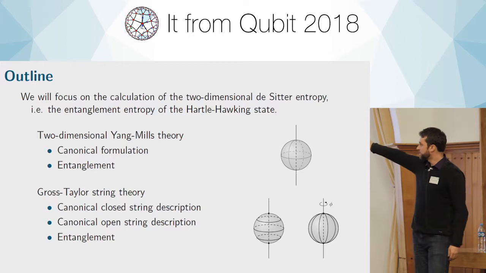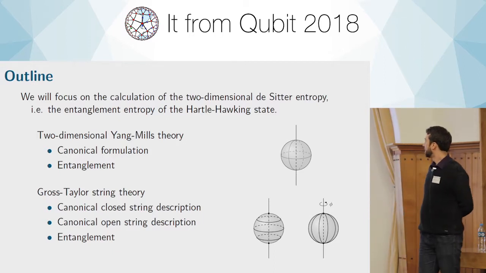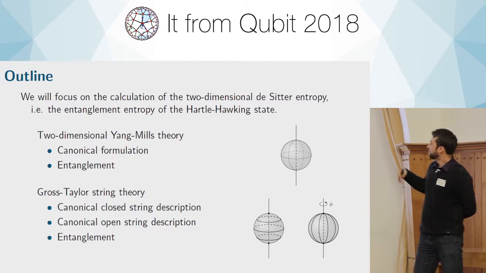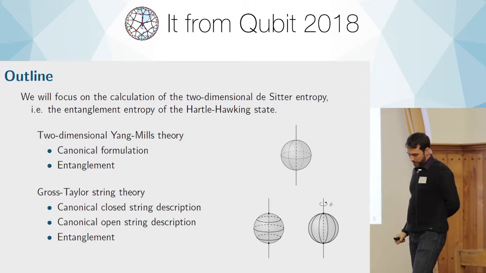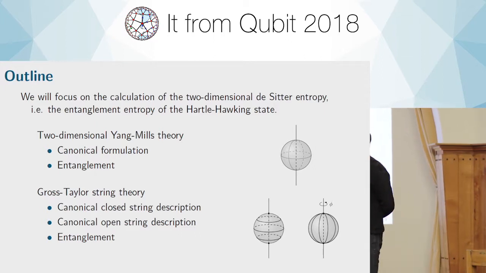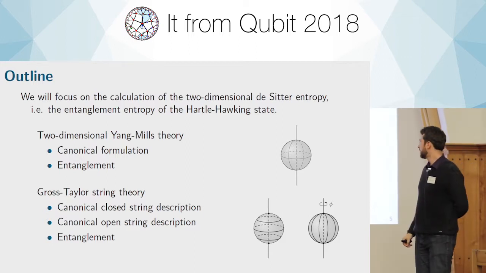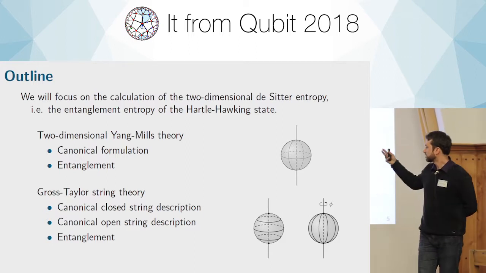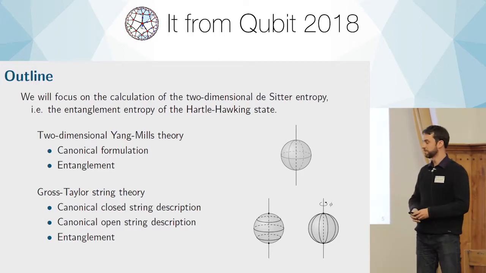First, I'm going to talk about this calculation in the context of two-dimensional Yang-Mills theory, just to remind everyone how that works. I'm going to discuss the canonical formulation of the theory, and then the calculation of entanglement. Then I'm going to describe the same calculation, but in the string theory variables. I'm first going to talk about the canonical description in terms of closed strings.